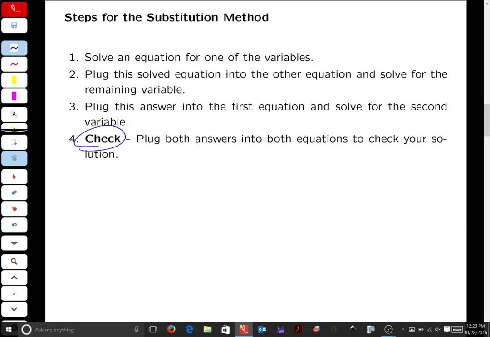If you're not checking your answers, you're not knowing whether you're getting your answer correct or not. There is absolutely no reason for me to have to grade any of your work from this section because you can check your answers to know whether it's correct or not. Okay? Just plug them back in and check.